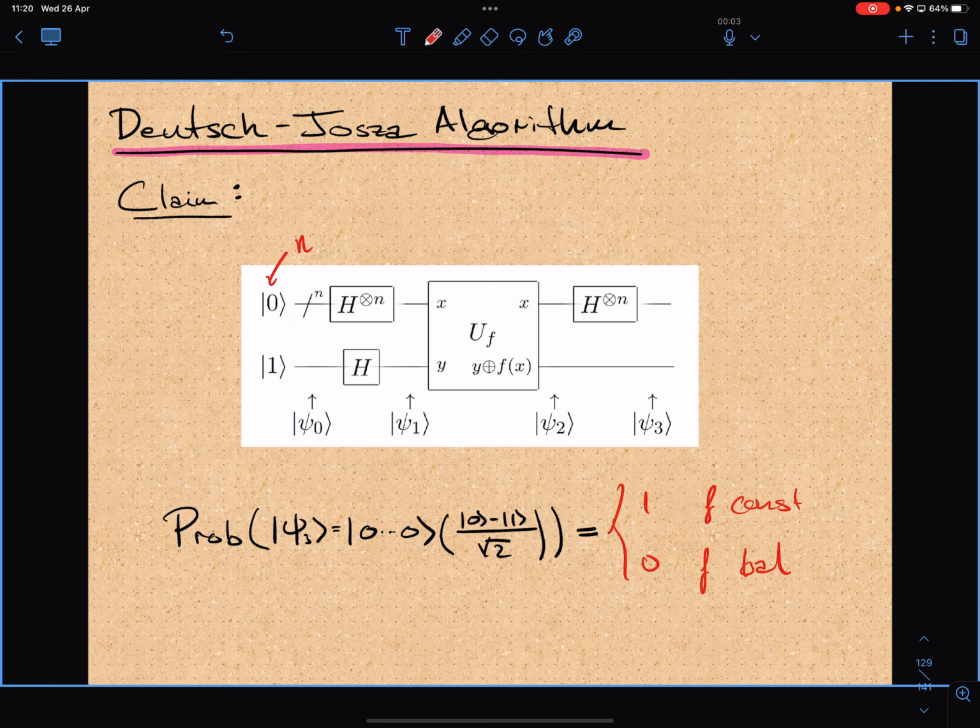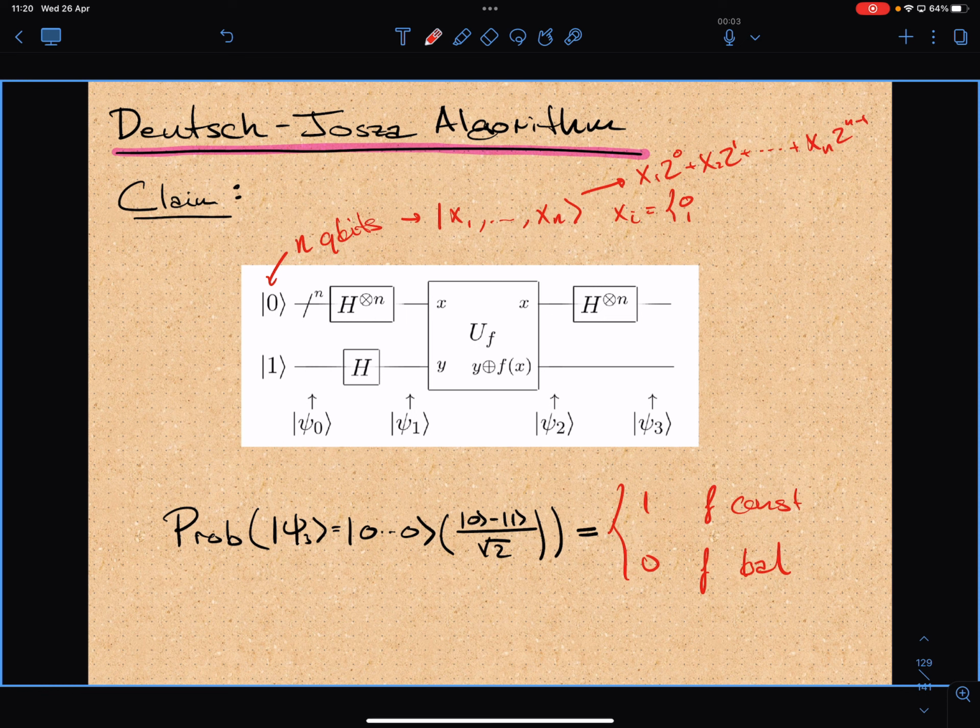The input is going to be n qubits, so the basis is going to be x1 through xn, where each xi is either 0 or 1, and each basis element represents the binary expansion of a number: x1 2 to the 0 plus x2 2 to the 1 plus ... xn 2 to the n minus 1.